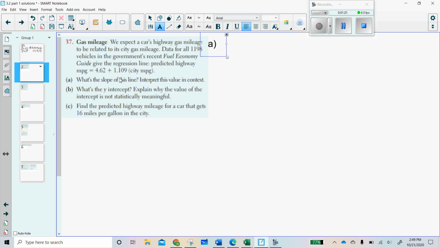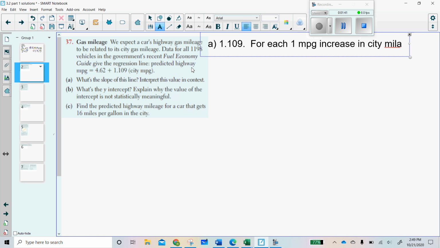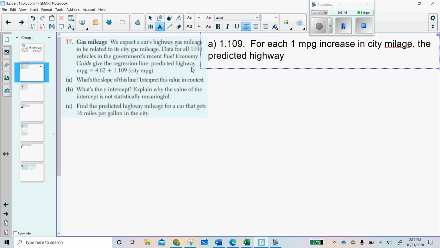So I can see that the slope is 1.109 because that is being multiplied by the explanatory variable. The interpretation would be: for each 1 mile per gallon increase in city mileage, the predicted highway mileage will increase by 1.109 mpg.